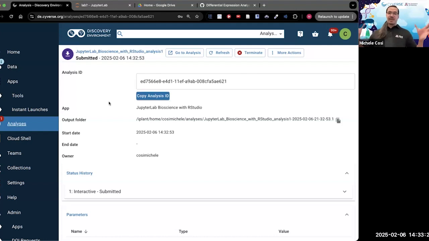All of this software has been containerized into a single tool that you are now seeing as Jupyter Lab Bioscience with RStudio. I also am not running this on my computer because it will bog everything down. Also, I don't think my computer has 16 CPU cores. By all means, this is going to make my life a lot easier.